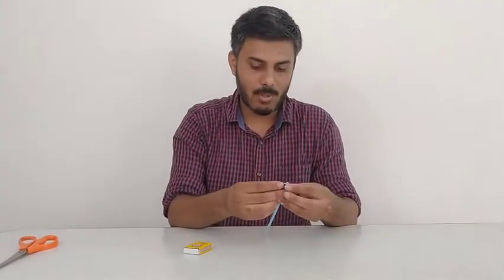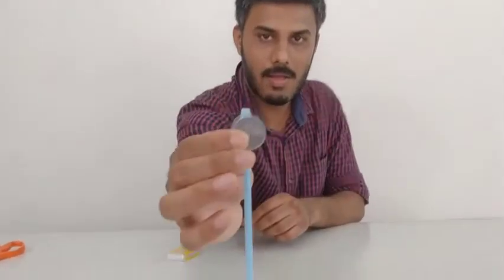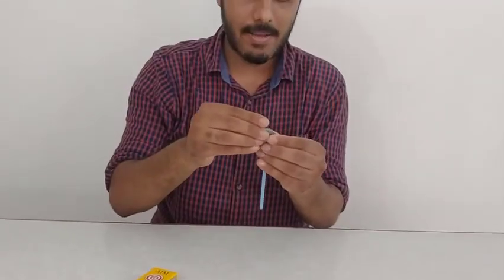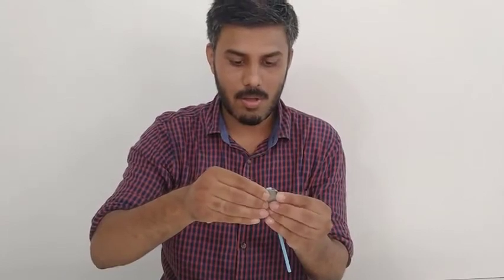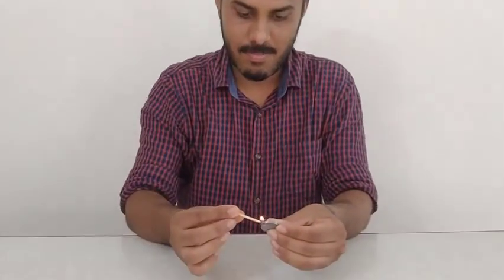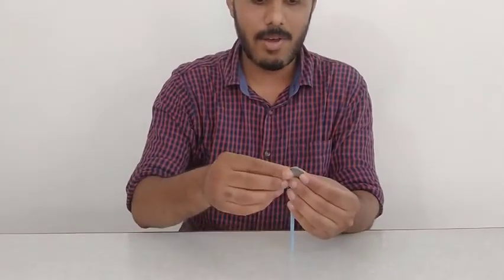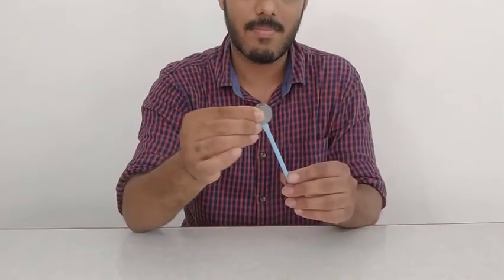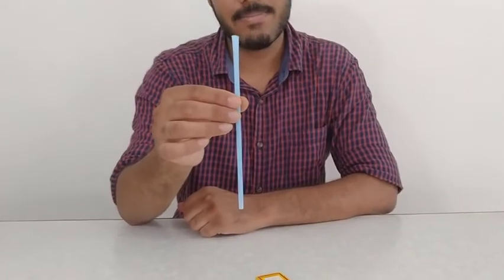So we'll place 2 coins over this straw like this, and then we are going to light the matchstick and seal the end of the straw. And we are going to press it with the coins. So the end is sealed.